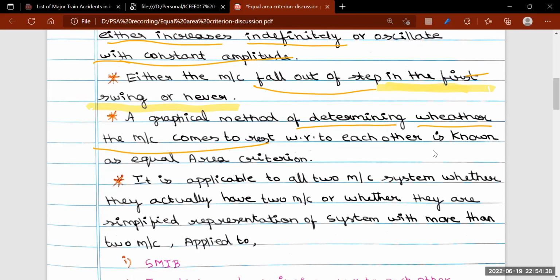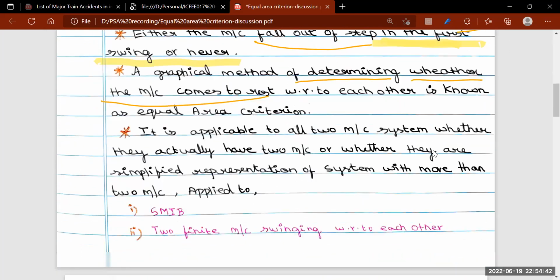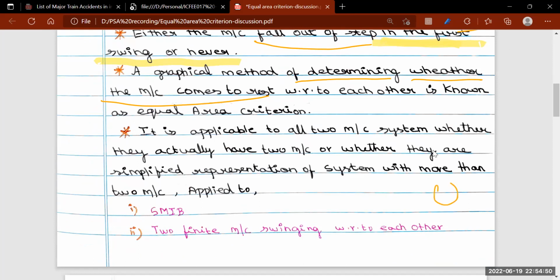This is applicable to any two machine system, whether there are actually two machines or one machine connected to an infinite bus, which can be considered as another machine. This is a graphical method from which I could understand whether my system is stable or not.